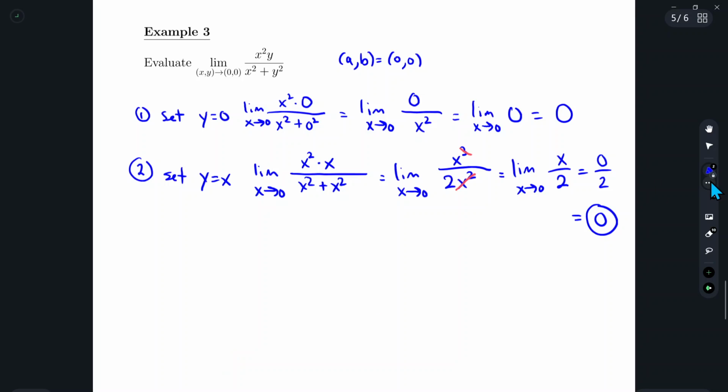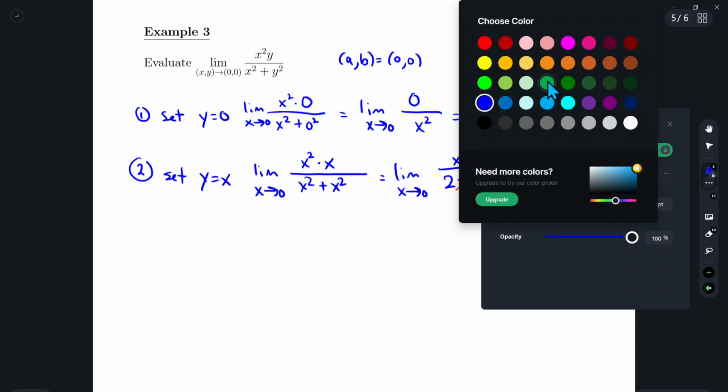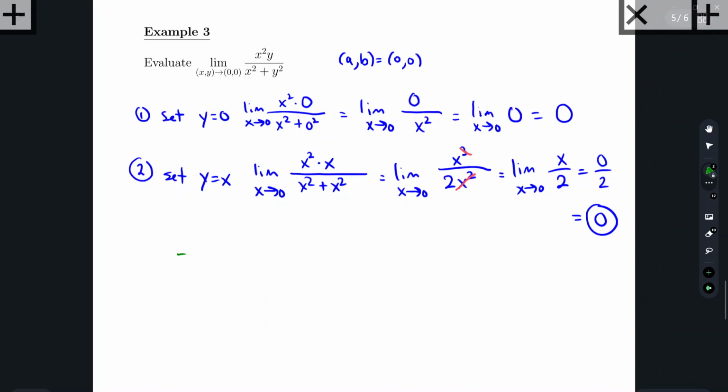So let's write it down. Suppose we expect the limit exists and L is equal to 0.